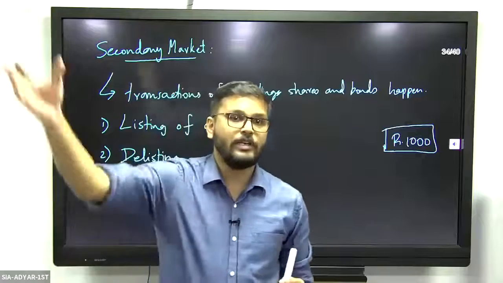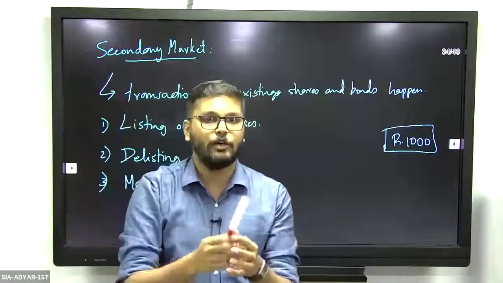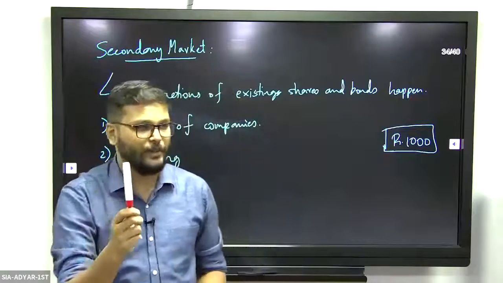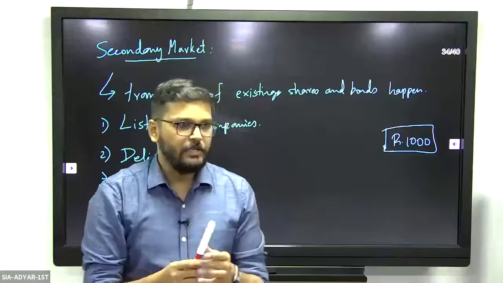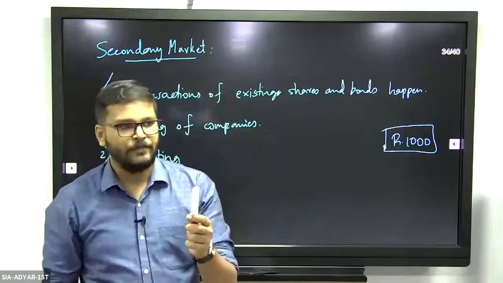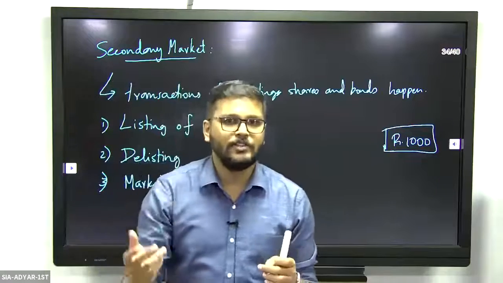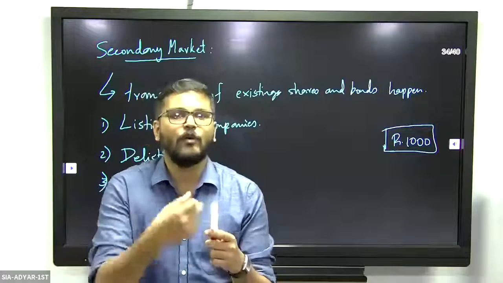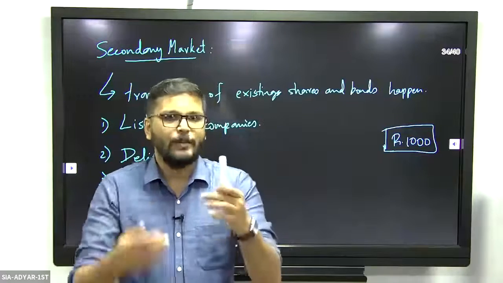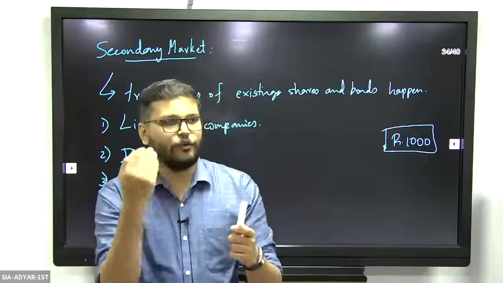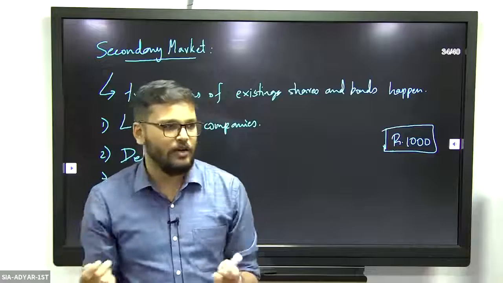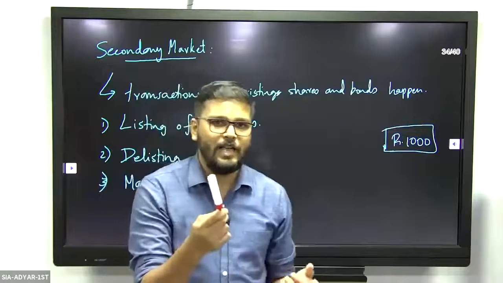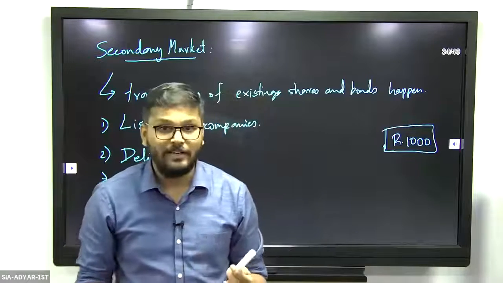Over 3 years, 5 years, the market value of this pen has become 500 rupees. The face value is still 100. But after a period of time, some innovation has happened and they have created an alternative to this pen. So no one wants this pen anymore. What will happen? The price will drop from 500 to 400 to 300 to 200 to 100. Ultimately, it is selling at the same value as the face value.